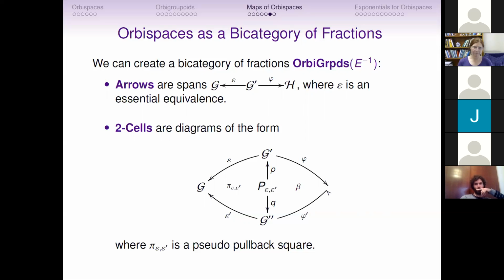You can cut it down and pick a particular representation, a preferred way of putting that common refinement in the middle. The way that we found most convenient for dealing with the topology is to use the pseudo pullback square. But categorically, that's an arbitrary choice.